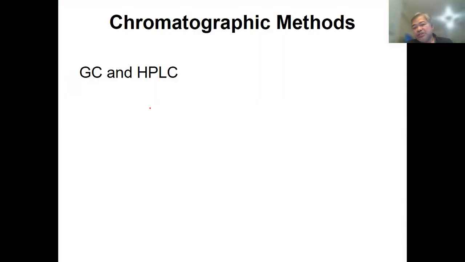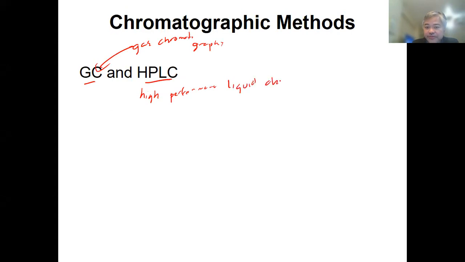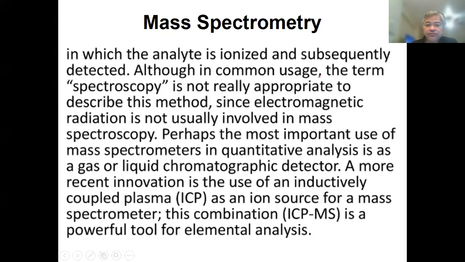So in the chromatographic methods, meron kang tinatawag na GC or HPLC. So GC is gas chromatography. So it's okay if it's the first time for you to learn the stuff. Yung HPLC, yan yung tinatawag natin high performance liquid chromatography. And then meron din tayong tinatawag na mass spec, yung mass spectrometry.